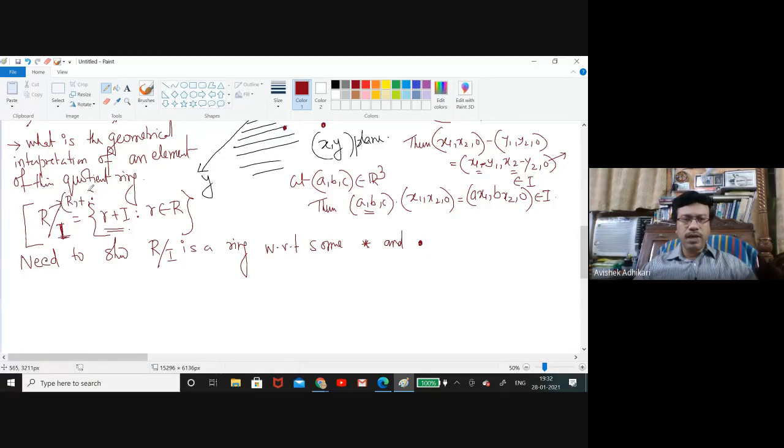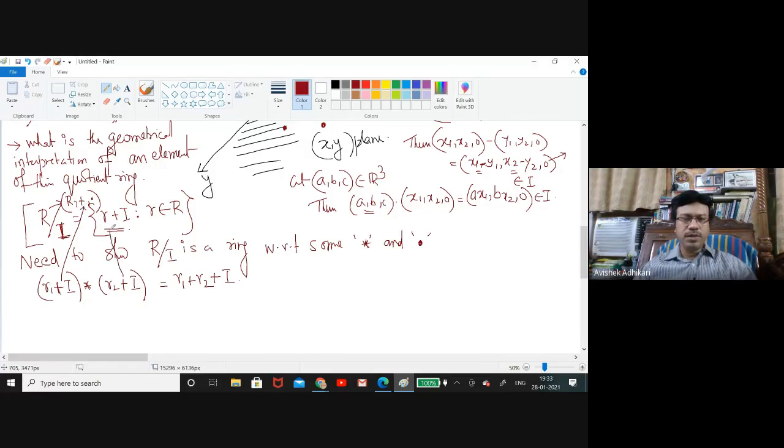Now I need to define how this star and this dot are defined. First, the star: two elements, say r1 plus I, star r2 plus I, I simply define as r1 plus r2 plus I. Now tell me, this plus is from where? Note that this plus is from here.